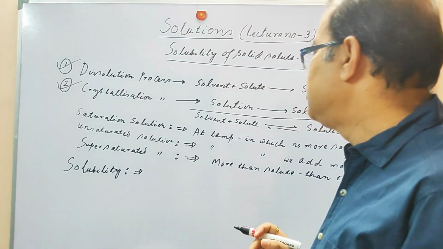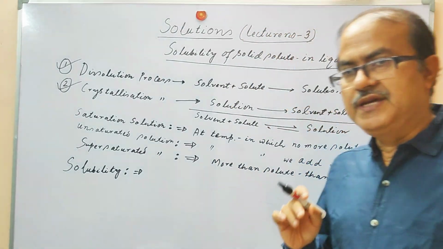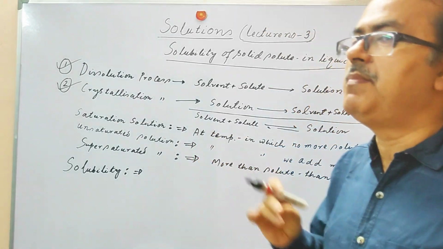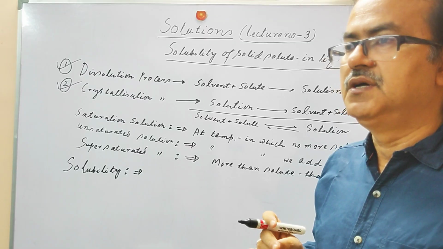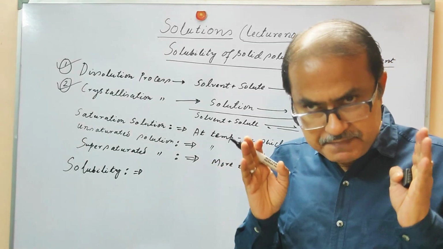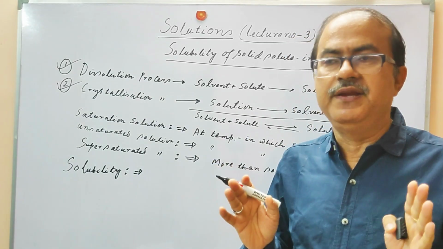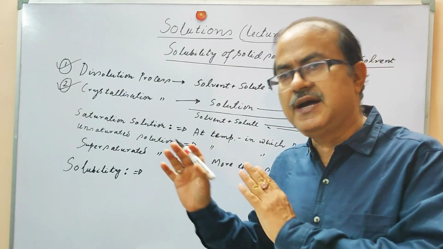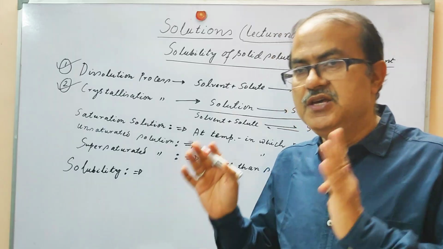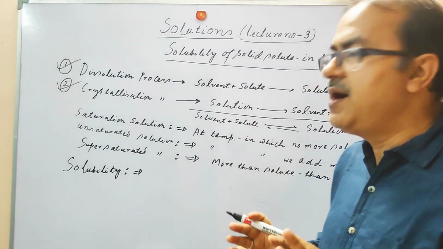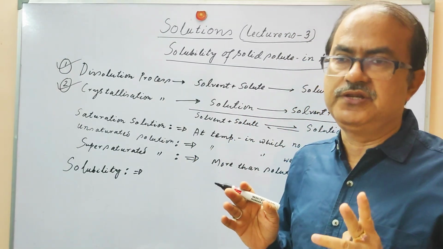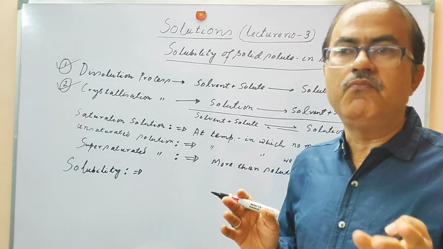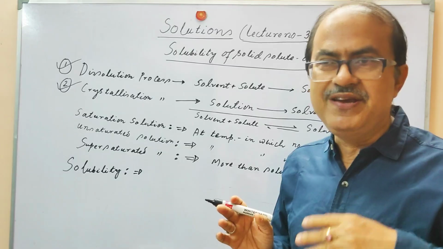So we can say the solubility of a substance is the maximum amount of the solute in a specified solvent at particular conditions, temperature and pressure. That is called the solubility of that substance.